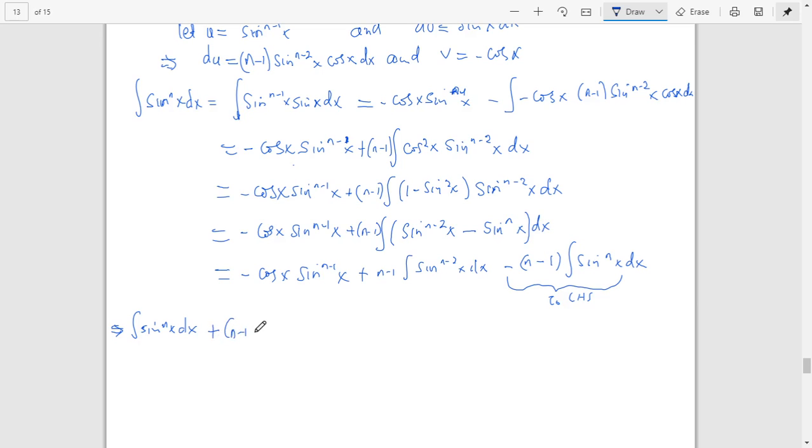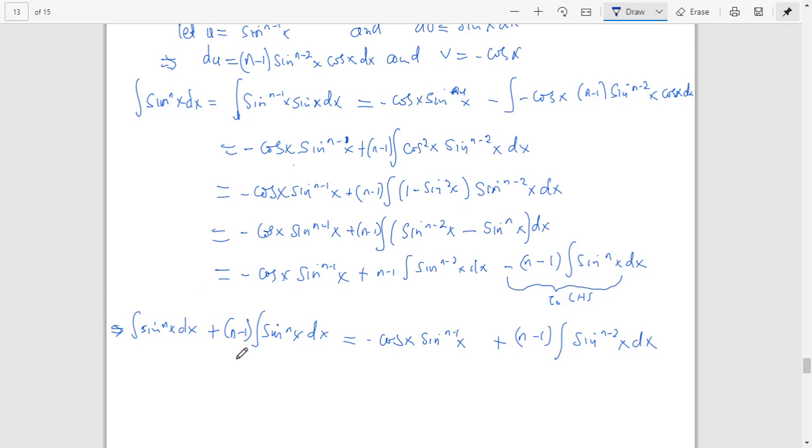Plus n minus 1 integral of sine to the power of n here. And then on the right hand side, I have negative cos x sine to the power of n minus 1, and then plus n minus 1 integral of sine to the power of n minus 2 of x dx.